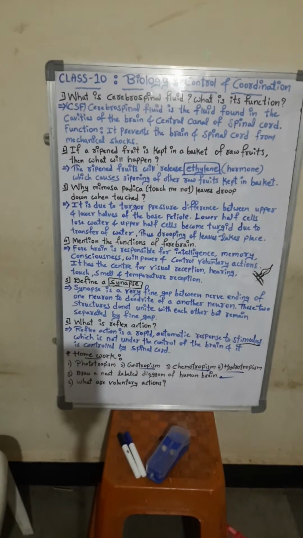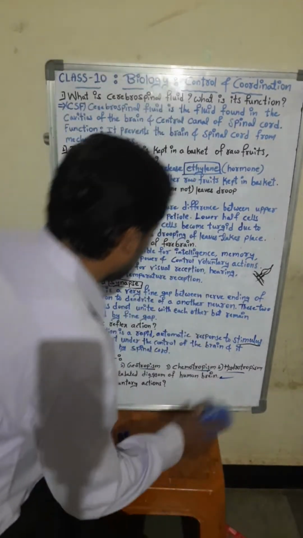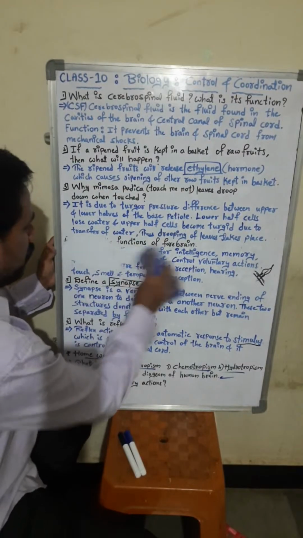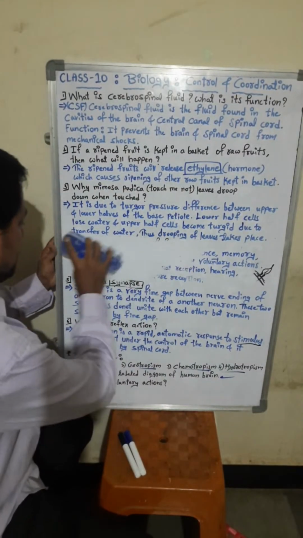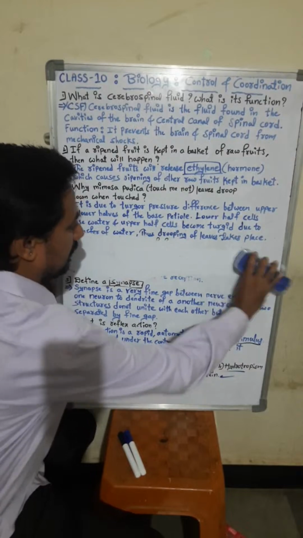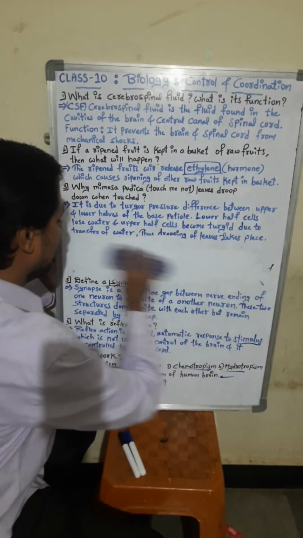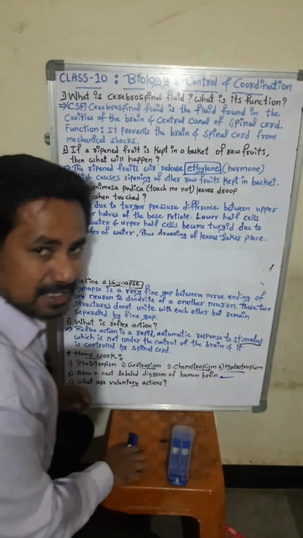So, like this, I want to tell you one word in biology, students. That is the English largest 45 letters word.